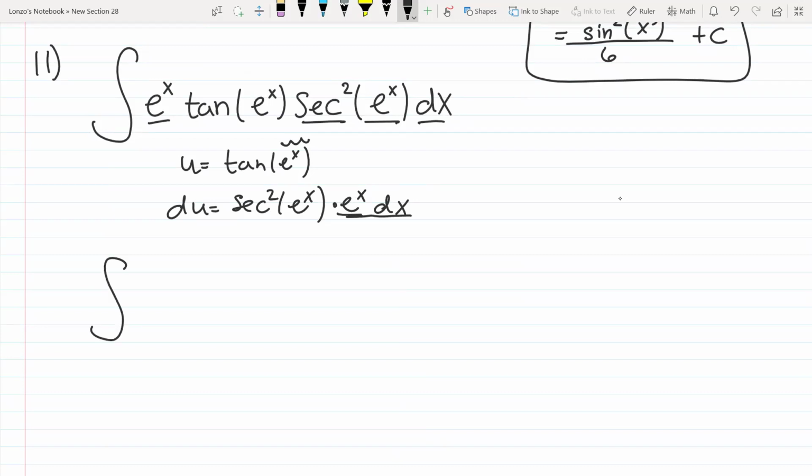So this would be the integral of u, and then you can replace this e^x secant squared e^x dx with du. So this would be du, and then the integration of u is 1/2 u squared plus c.